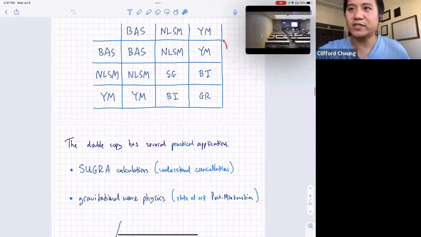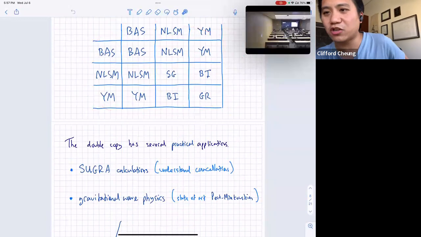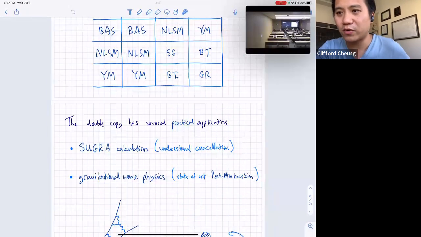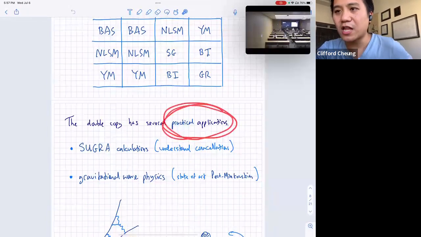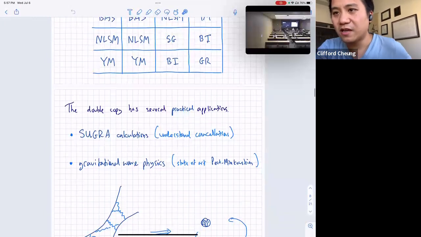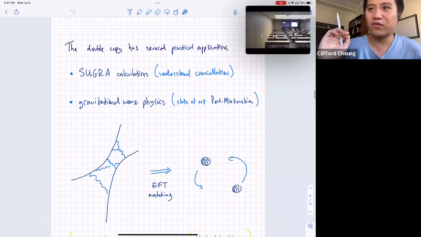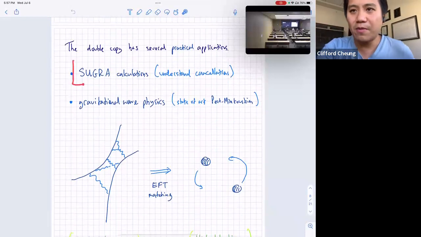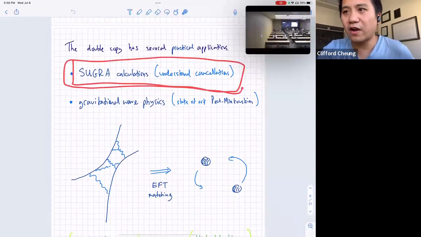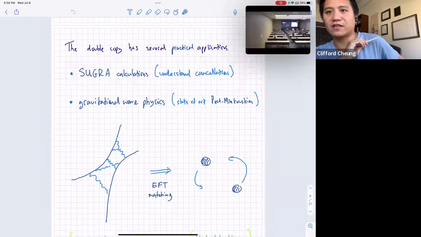And this is exactly what has happened. This procedure of double copy is so well understood that we can use it for practical applications, which I'm using a little loosely. Semi-practically, it's been used for high-order calculations in supergravity.